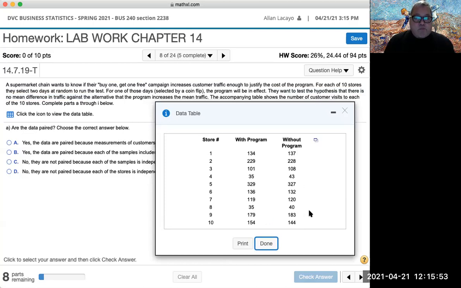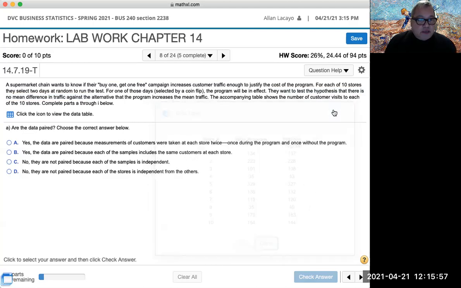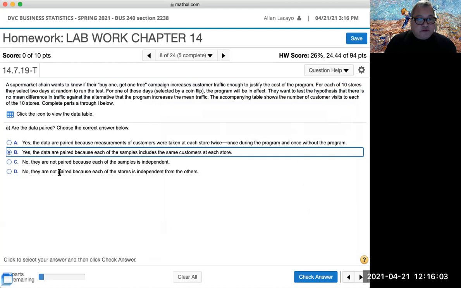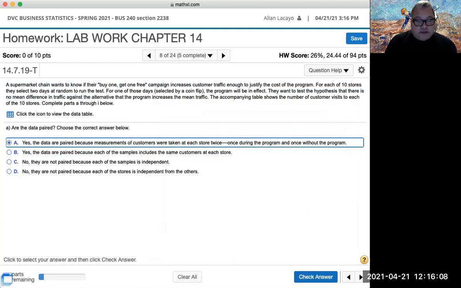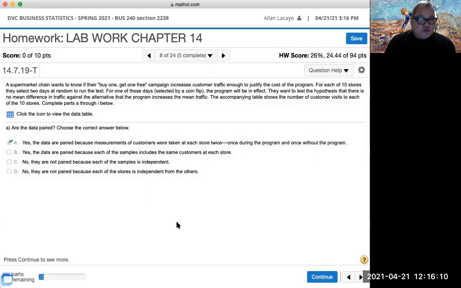Okay, so the first thing I'm going to do is note that yes, the data are paired, because each of the samples includes the number of customers at each store taken twice, once with the program and once without the program.